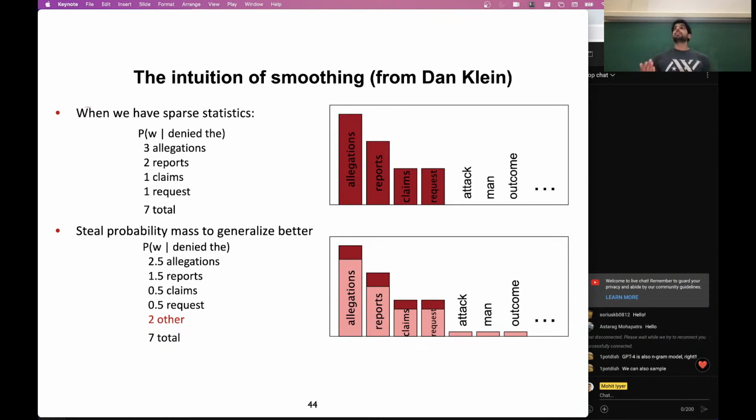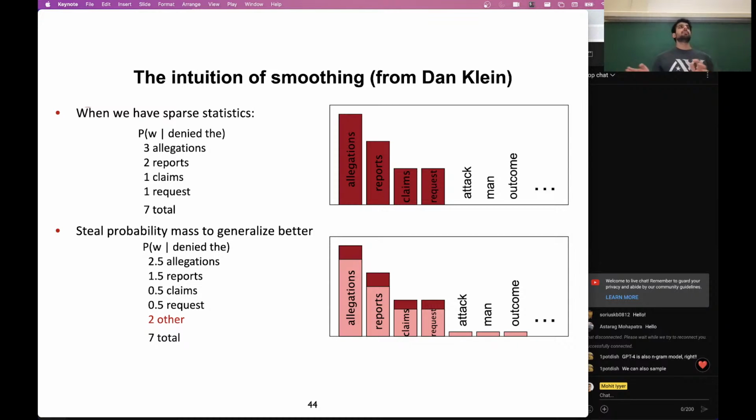There was a lot of research on smoothing strategies 10, 20 years ago. Of course, now we've kind of stopped using n-gram models, but it's still an important concept to understand that variants of this kind of approach were used in the state-of-the-art language models even 15 years ago or 10 years ago. All right, so I think that's all I want to say about n-gram models.